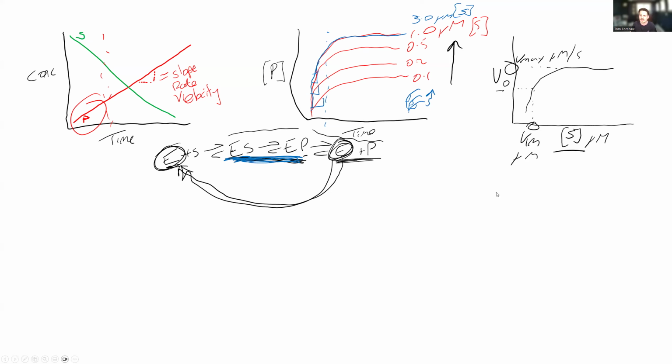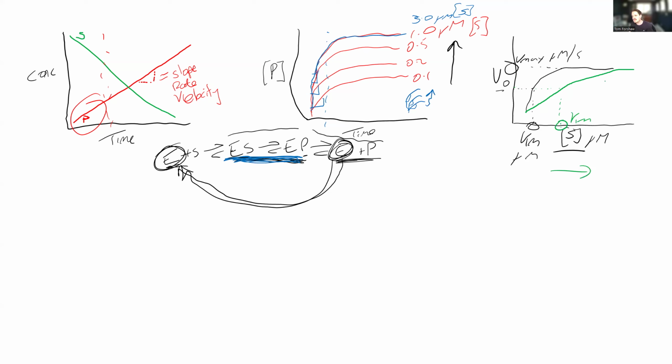If we had two different substrates, and let's say that one has the black line Vmax, but the other one increases slower, we can say that the Vmax is the same, but the concentration required to hit half Vmax is further along, so it's a bigger number.